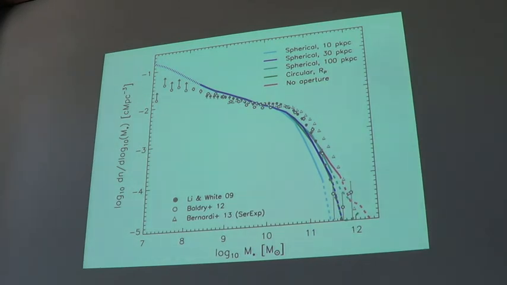So since Mariangela was here, I don't know if she's still around, we didn't choose not to try to calibrate against a mass function because it appeared long after we'd started. But we could have just as well chosen to go with that. So when I've quoted stellar masses in all of these plots, I should have said these are within a spherical aperture of 30 kiloparsecs. And the reason we chose that, as this plot shows, is that that's very similar to the Petrosian radius, which has been used by the previous generation of analyses of SDSS, right? So we could have done that, but that's something we're paying heed to.